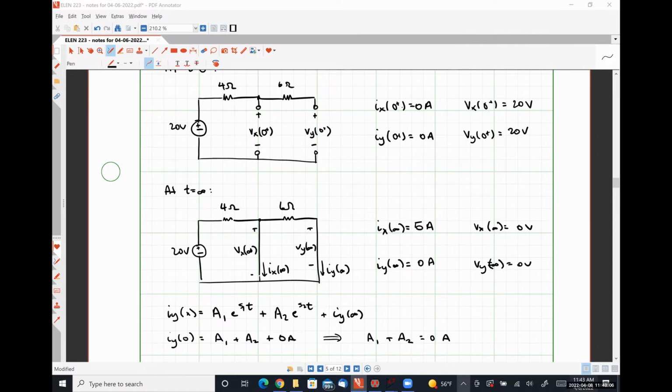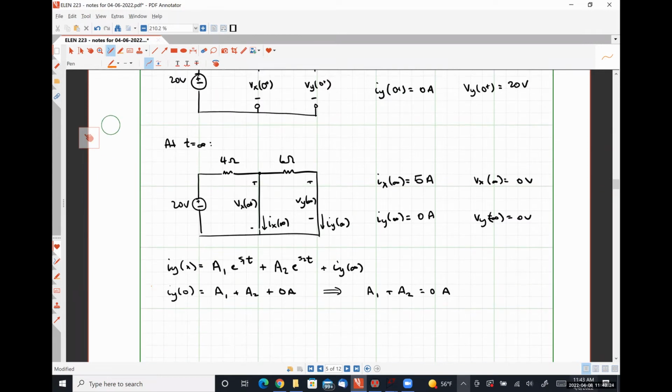So if we did Kirchhoff's voltage law with the understanding that there's a 0 volt drop here and a 0 volt drop here, we would have to find that Vx and Vy are both equal to 20 volts. All right, let's go back to setting up our system of equations.